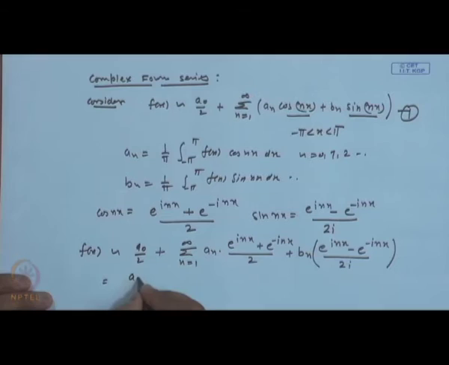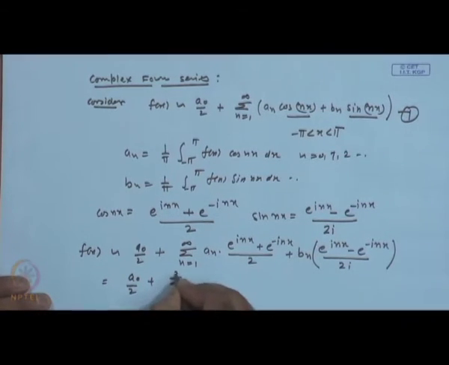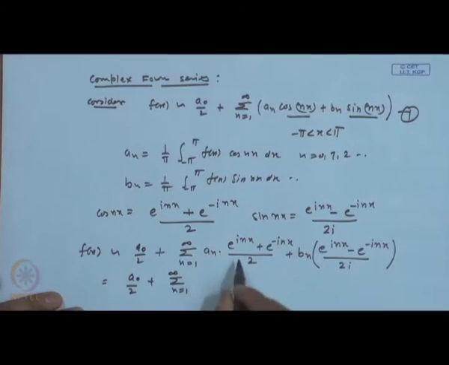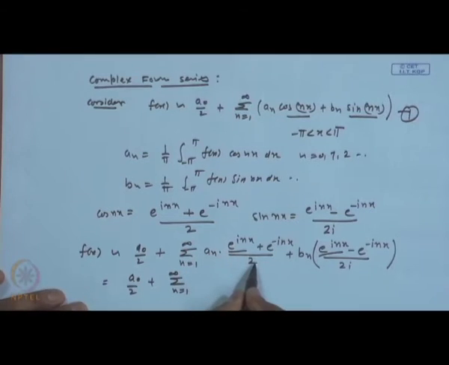Then we have a naught by 2 plus sum n 1 to infinity, and we take this e to the i n x from here and from there common. So, we have half also a n and minus this i we can multiply.